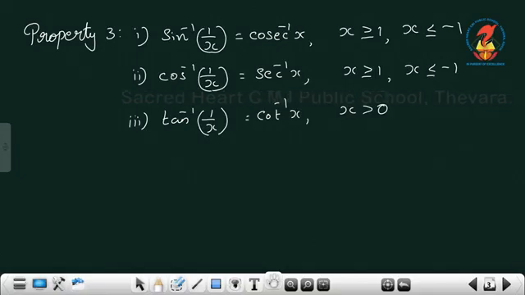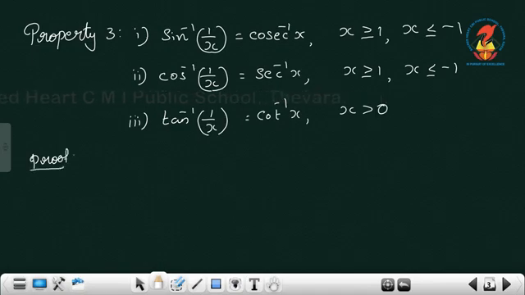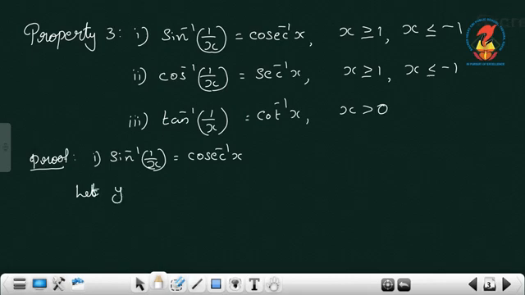So first, I can prove the first property: sine inverse 1 by x is equal to cosec inverse x. The proof is like this. Let y be equal to cosec inverse x.